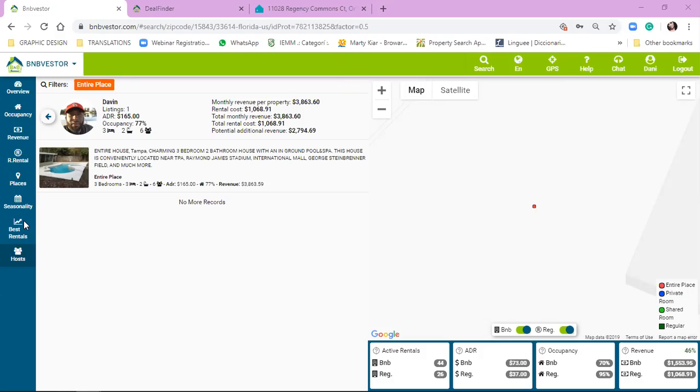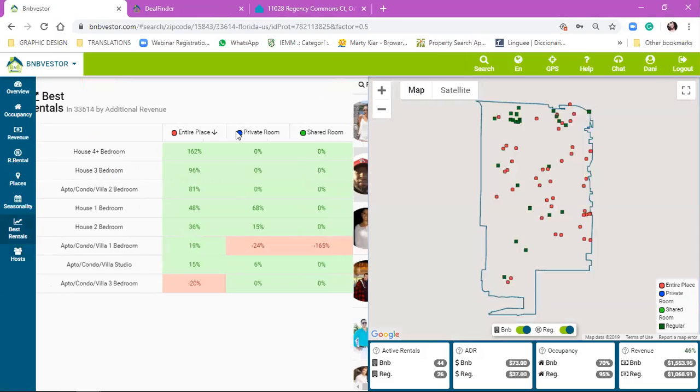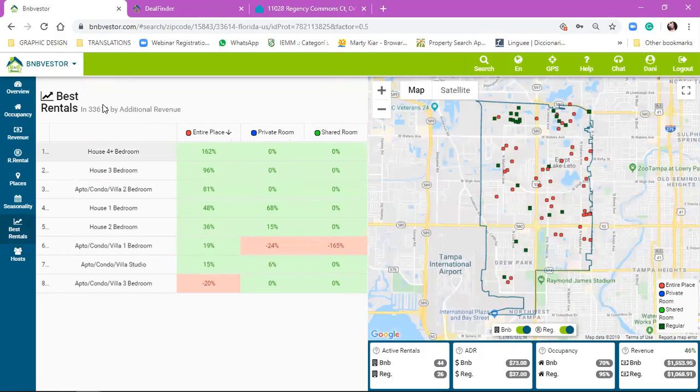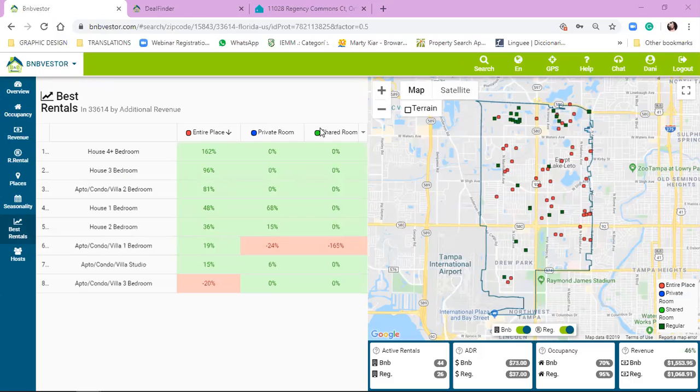If we go to the best rentals, you can see in this zip code that we are analyzing, a house of 4 or more bedrooms, the entire place, is the one that's going to give you the highest additional revenue. Then we have, for private room, a house of 1 bedroom.